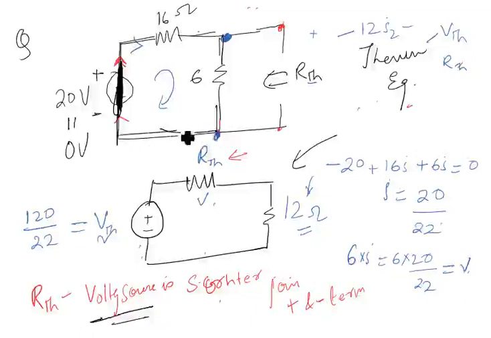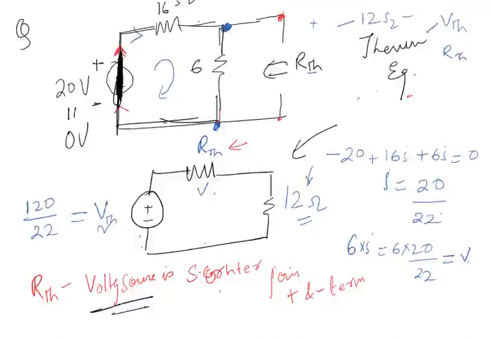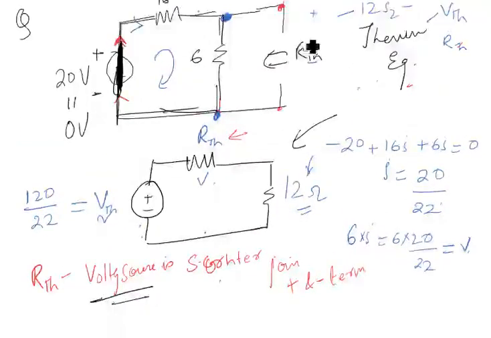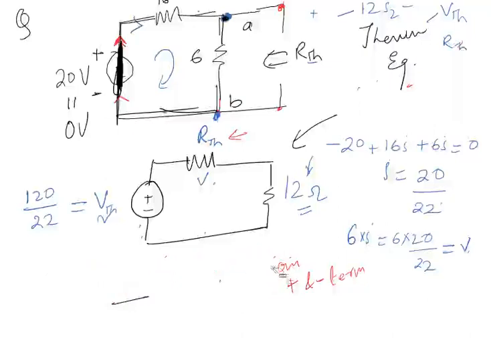So what is the resistance? This is point A, this is point B. I want the resistance between point A and point B. I know that it will be difficult to analyze this circuit like this.